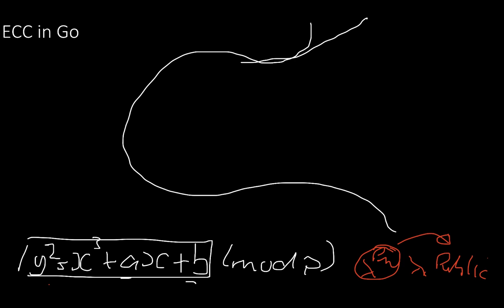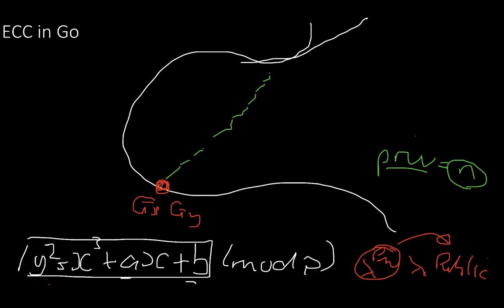So with elliptic curve cryptography, what we do is that we take a base point. This is called the G. So this is Gx and Gy. We then take a random number and that becomes our private key, or n in this case.